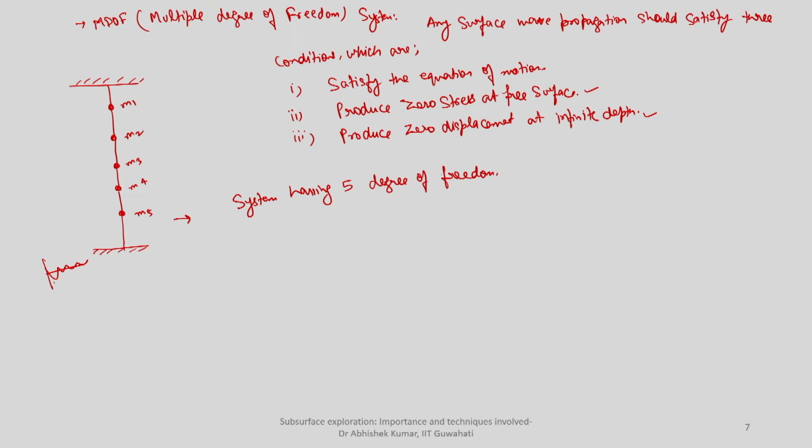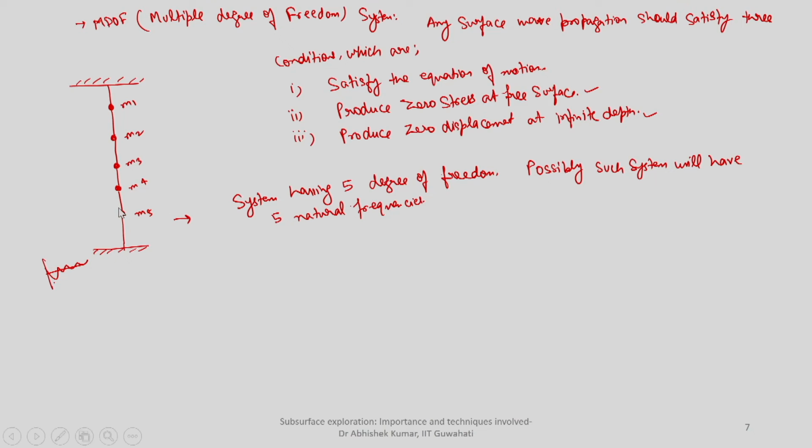The other physical properties of the system will remain the same. Possibly such a system will have 5 natural frequencies, corresponding to each mass, and that is how you will collectively have 5 natural frequencies here.